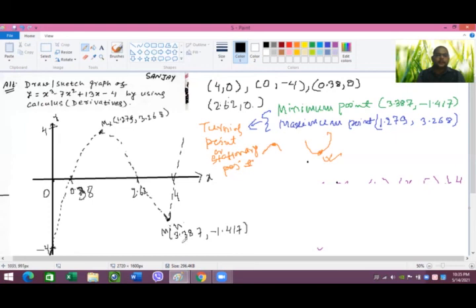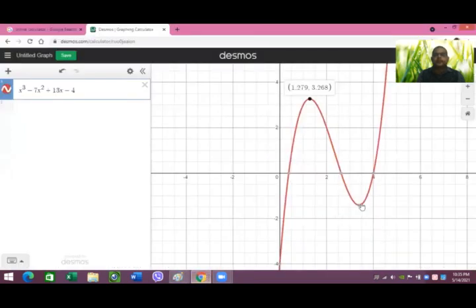Let's check the minimum point: x is 3.387 and the y coordinate at this point is -1.417, and we can see the same thing over here also, the minimum point. And at x equal to 4, y is 0, then x equal to 2.618, or we can take 2.62 up to two decimal places. So this point is matched, this point is also matched.